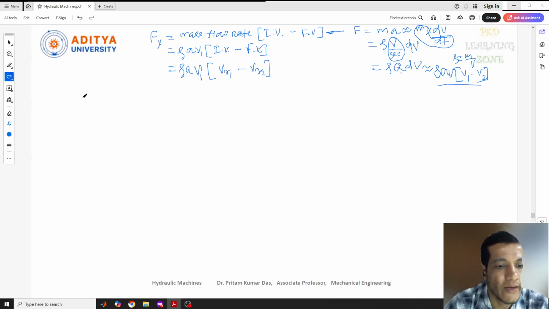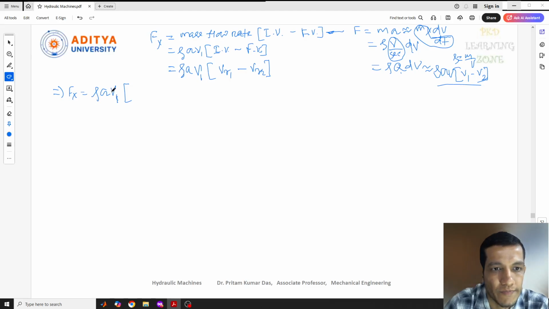Now we can write Fx equal to rho A V1 into VR1, where VR1 means the relative velocity at inlet condition. So that is V1 minus U.